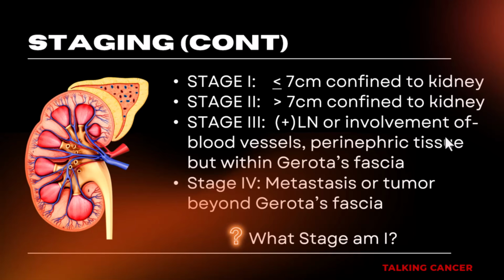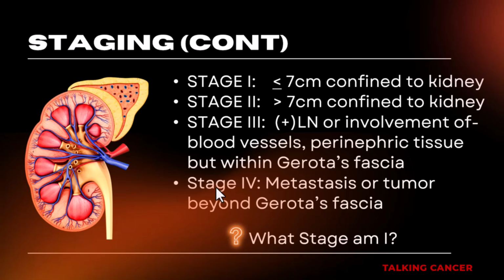Remember the tissue around the kidney, that fatty tissue that I told you about? Cancer may also be extending up to that portion. But here's the Gerota's fascia. It's within Gerota's fascia. It has not gone through Gerota's fascia. Okay, that's the key.